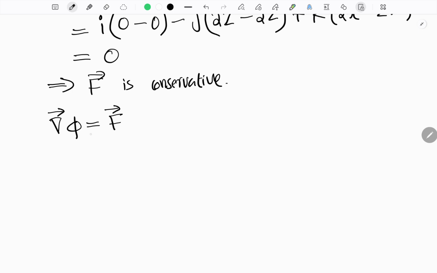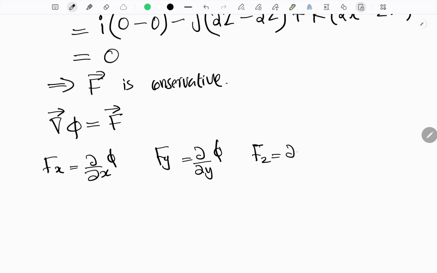So how do we find this phi? To find the phi, we know Fx is equal to ∂phi/∂x, Fy is equal to ∂phi/∂y, and Fz is equal to ∂phi/∂z.